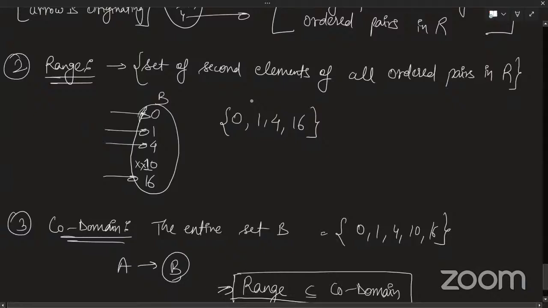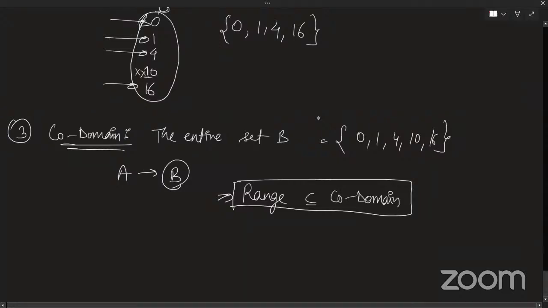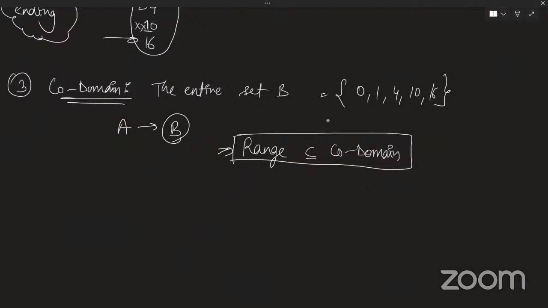Because I have B, the second set, and the arrows can end only at some part of B, or at a smaller part of B, or at something equal to B. Arrows cannot go outside B. So the range, the place where arrows are ending, will always be a subset of codomain.